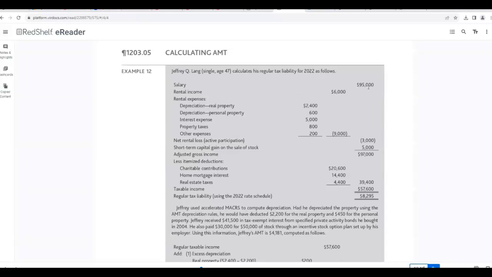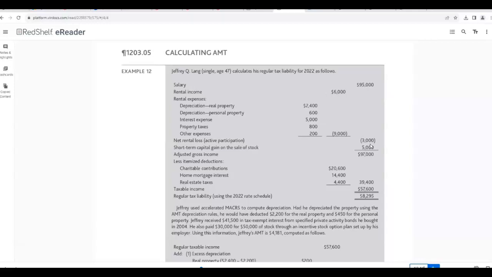So he made salary of $95,000, rental income $6,000, and has some rental expenses that end up to be like $9,000. So $6,000 rental income minus $9,000 rental expense gives a net loss on rental activity of $3,000.